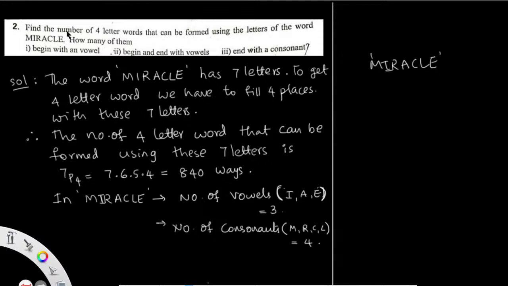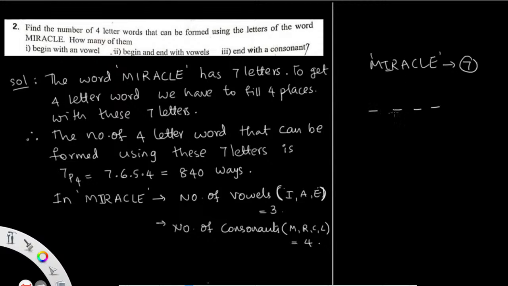First statement: find the number of four-letter words. To form a four-letter word, you have to draw the four boxes. How many letters are in miracle? 7 letters.